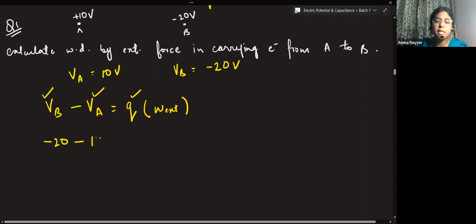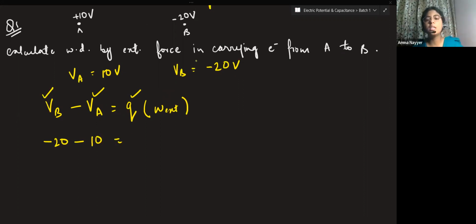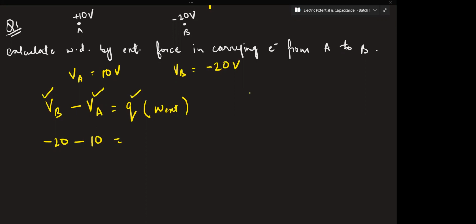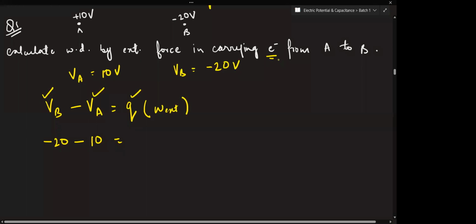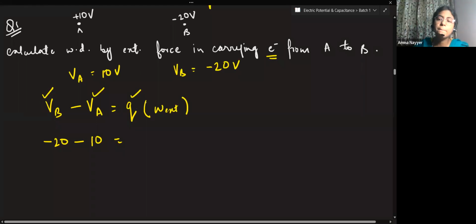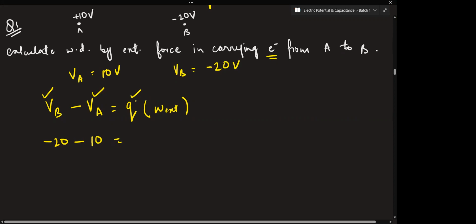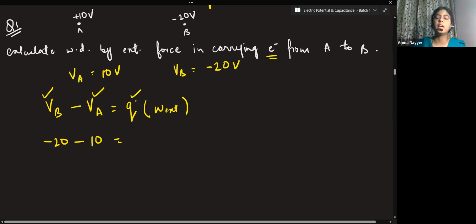So this becomes minus 10 is equal to, what is the value of Q that I should take, Khalid? What is your charge over here? 1.6. Correct. 1.6 into 10 to the power minus 19.